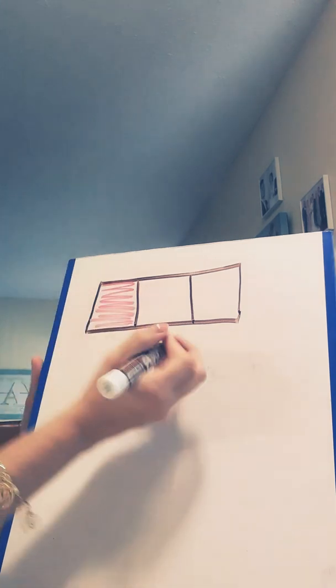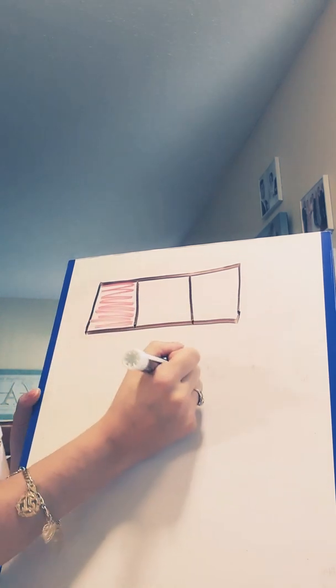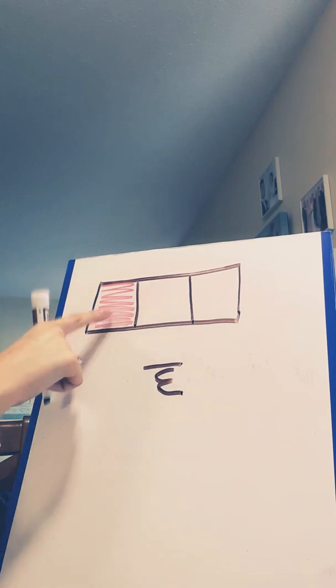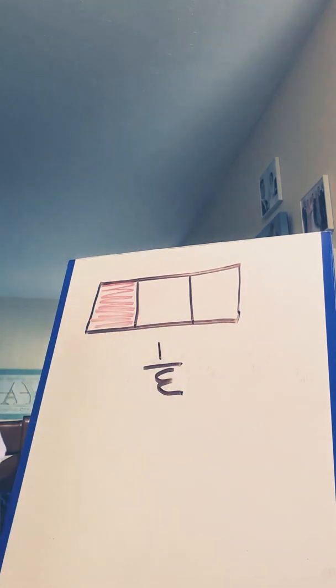Okay? And for those fractions, do the same thing. You do your line. Your number at the bottom is how many equal parts you have. 1, 2, 3. 3 equal parts. How many of those parts are shaded in? Just 1. That's your top number. So this fraction is 1 out of 3. What does that mean?